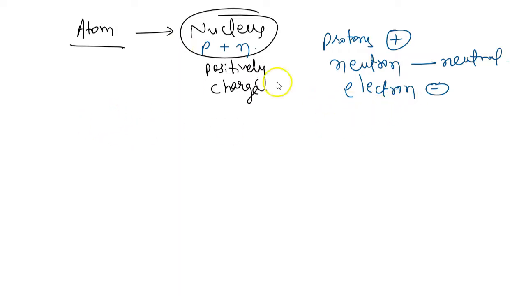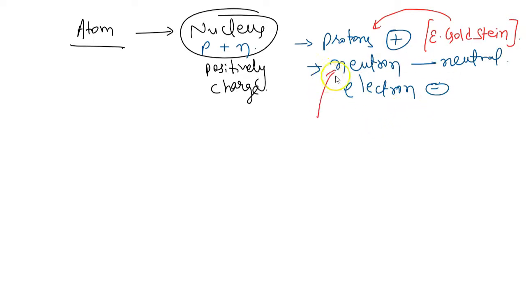So to Rutherford, the credit is for the discovery of nucleus. And who discovered proton and neutron? Yes, the actual credit for the discovery of proton goes to the scientist E. Goldstein. Rutherford was only able to identify that at this center there is certain charged region, but Goldstein actually said that it is the protons which are positively charged.